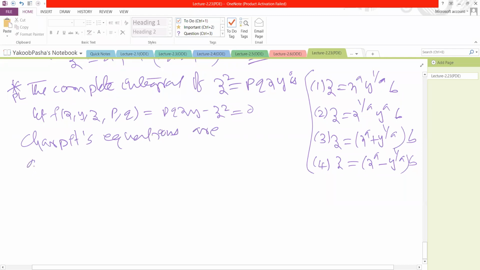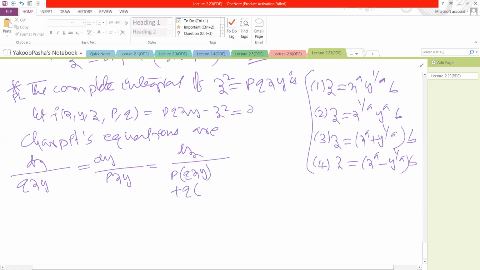dx by fp. Dx by fp means differentiation with respect to p. Then we get qxy, and dy by fq. Fq means pxy, that is equal to dz by p into fp, qxy, plus q into fq, pxy, that is equal to I am writing here dp by minus of fx plus p into fz.